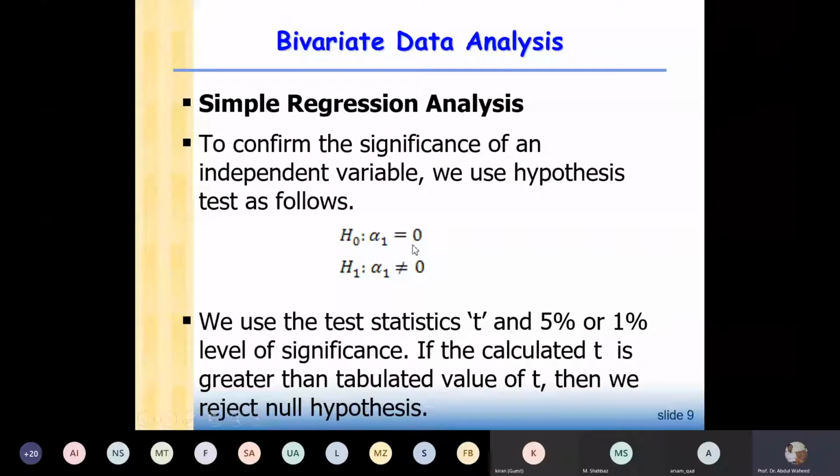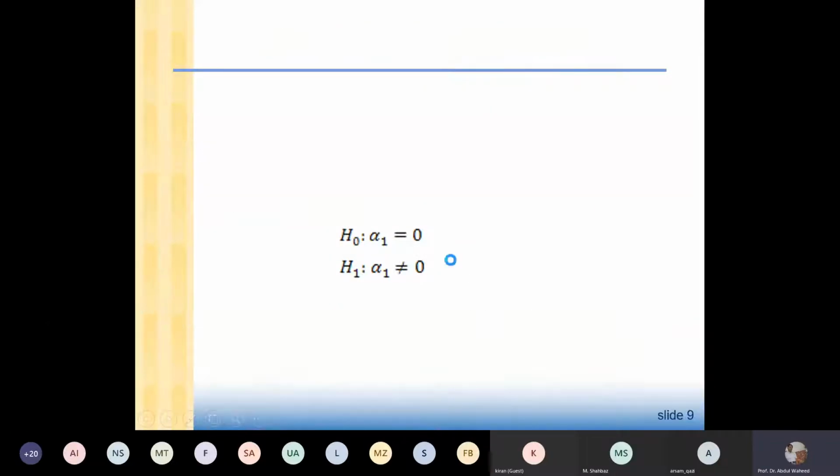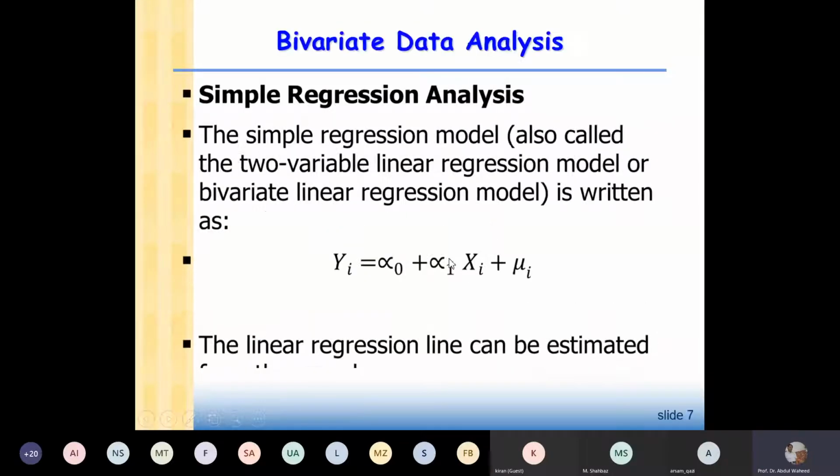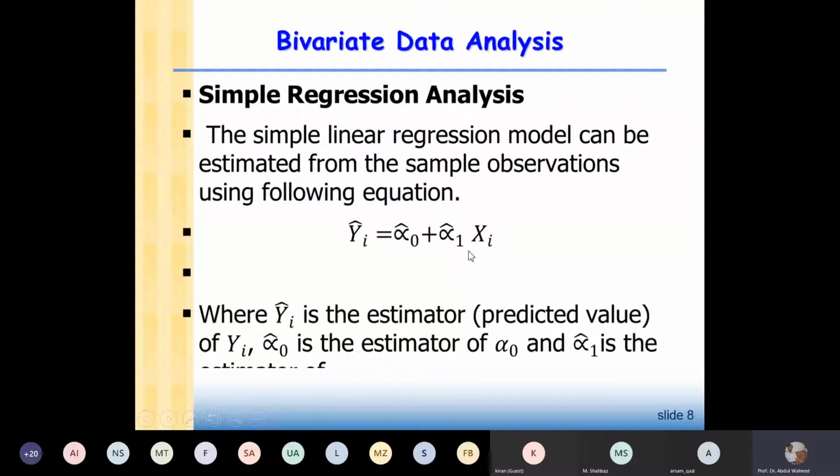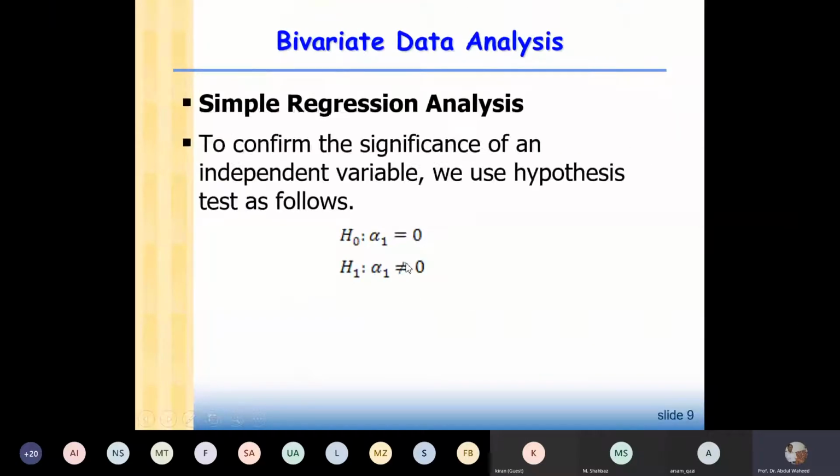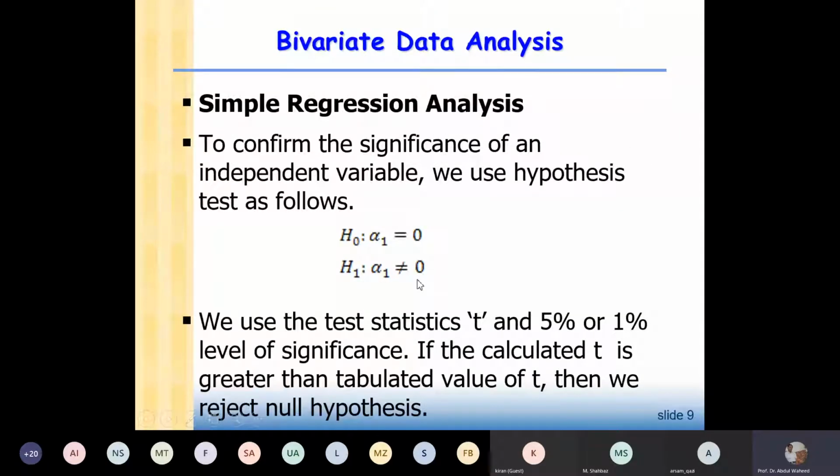If I say alpha 1 equals 0, this means there is no effect of this independent variable on the dependent variable, okay, and the alternative hypothesis is alpha 1 is not equal to 0. So this means there is some effect of the x variable on y.